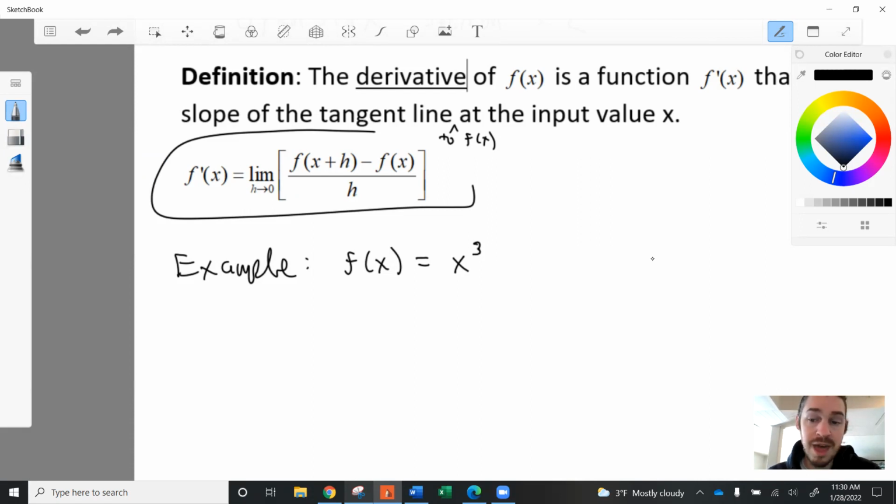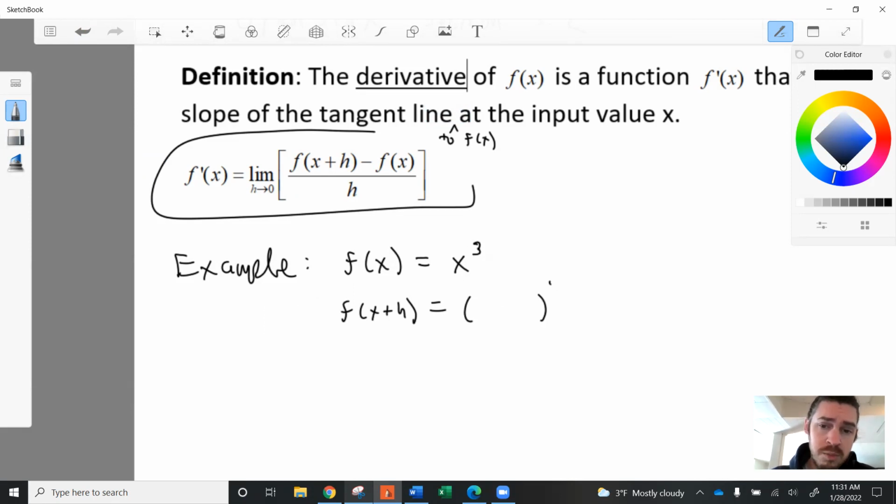So let's do this example with x cubed. First of all, we have f of x. We're also going to need to know f of x plus h. And remember, when you evaluate a function at some input, the input replaces x.